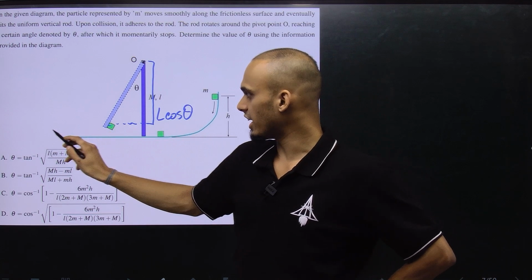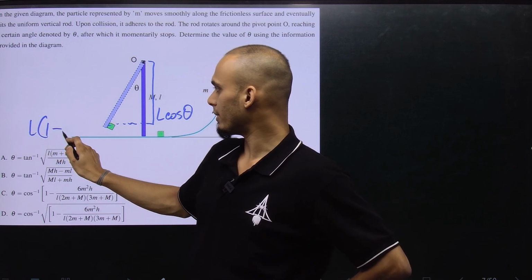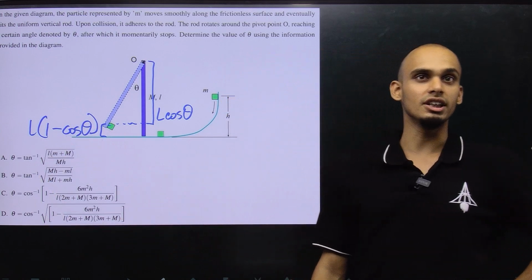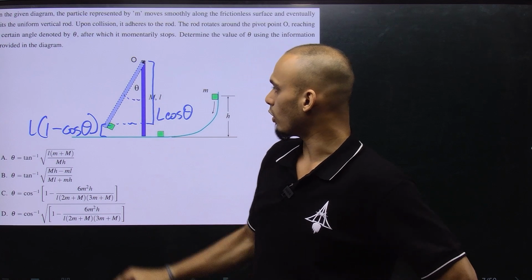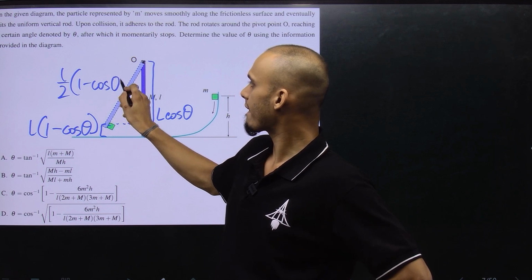Hence the change in height will be l minus l cos theta. Taking l common, 1 minus cos theta times l is the change in height of the block of mass m. Similarly, the center of mass of the rod will also rise by l by 2 into 1 minus cos theta.